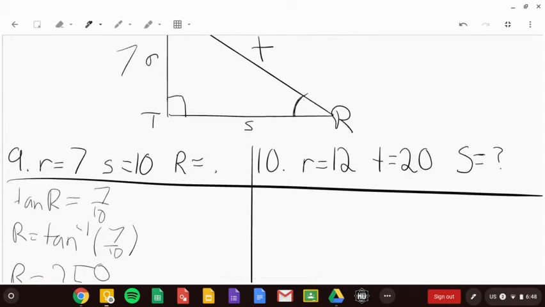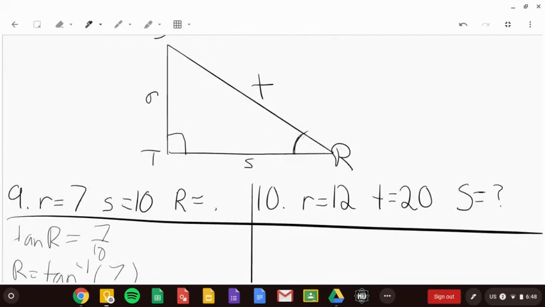On number 10, r equals 12 and t equals 20. What is s? We're trying to find this angle. Now we're not going to use tangent because we don't have the opposite side.